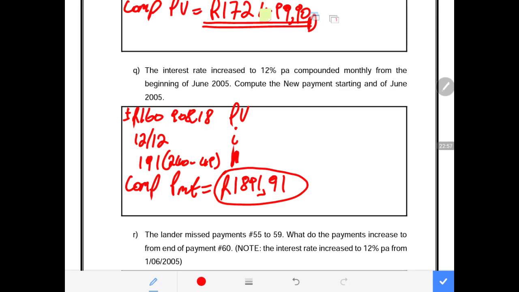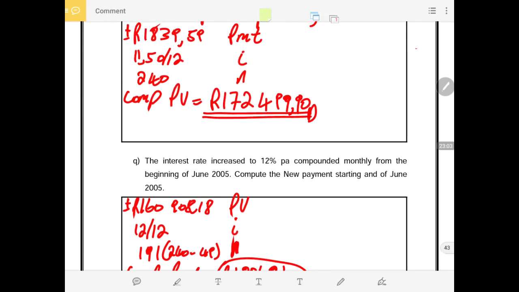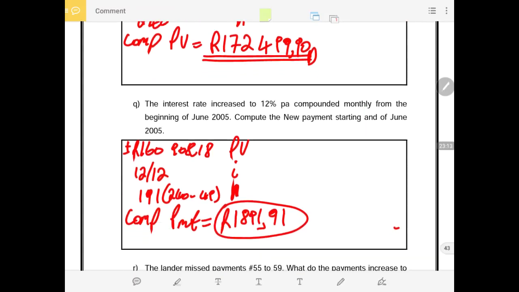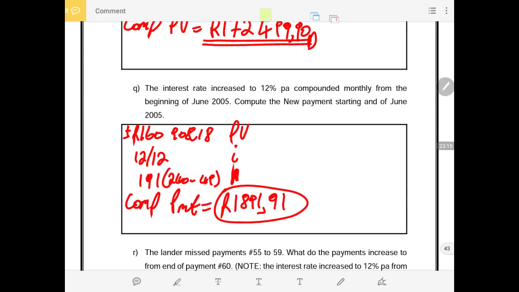If you want, you can look at the difference, how much the increase in the PMT is, comparing this with the previous PMT. Then you can know by what percentage the payments have increased for this client.